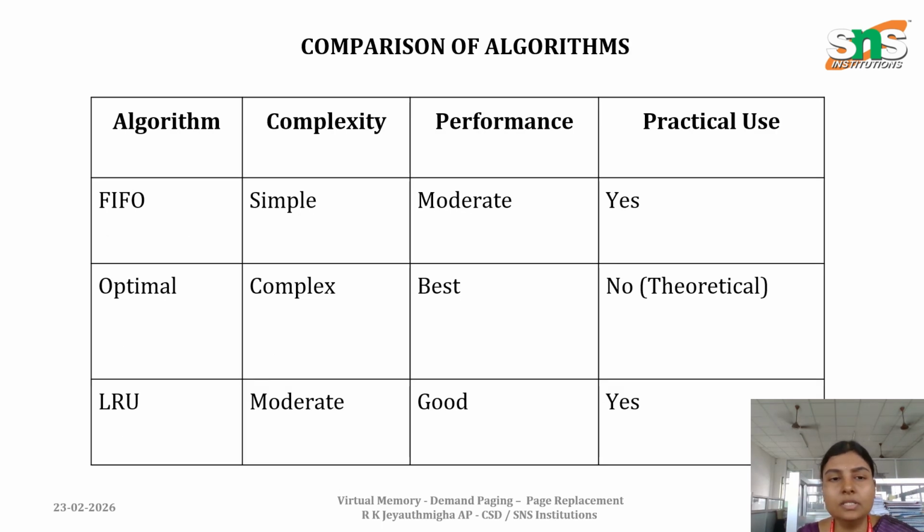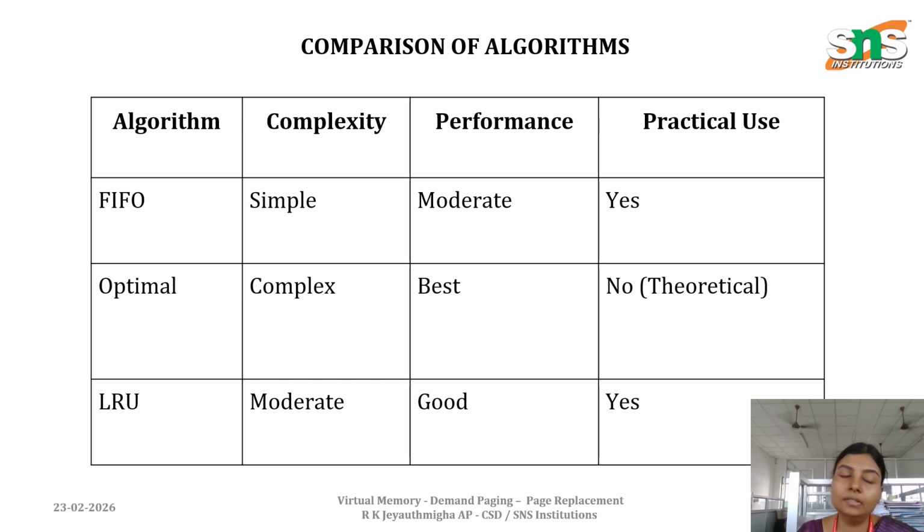So this is the comparison of the various algorithms discussed. The FIFO algorithm is simple, moderate in performance, and we can use it practically. The optimal algorithm is complex and best in performance, but it has no practical usage.